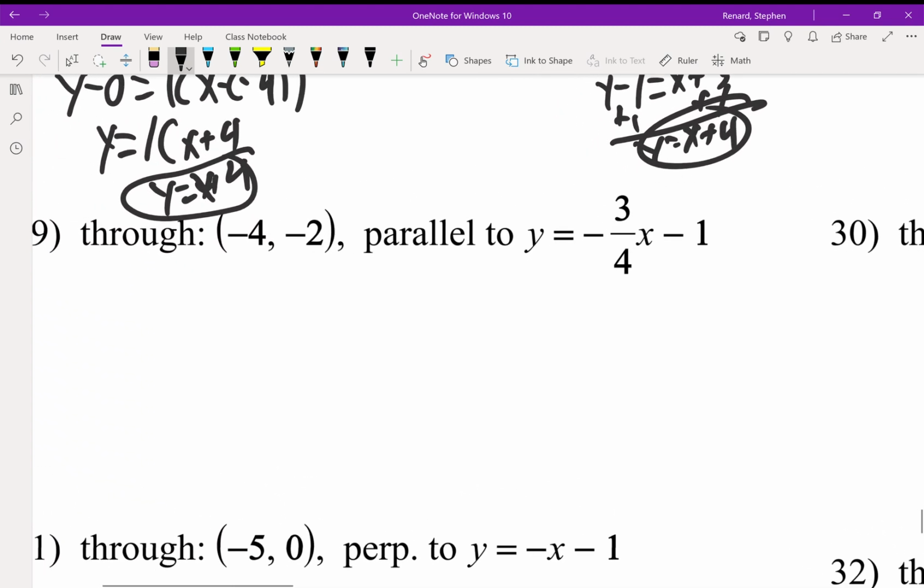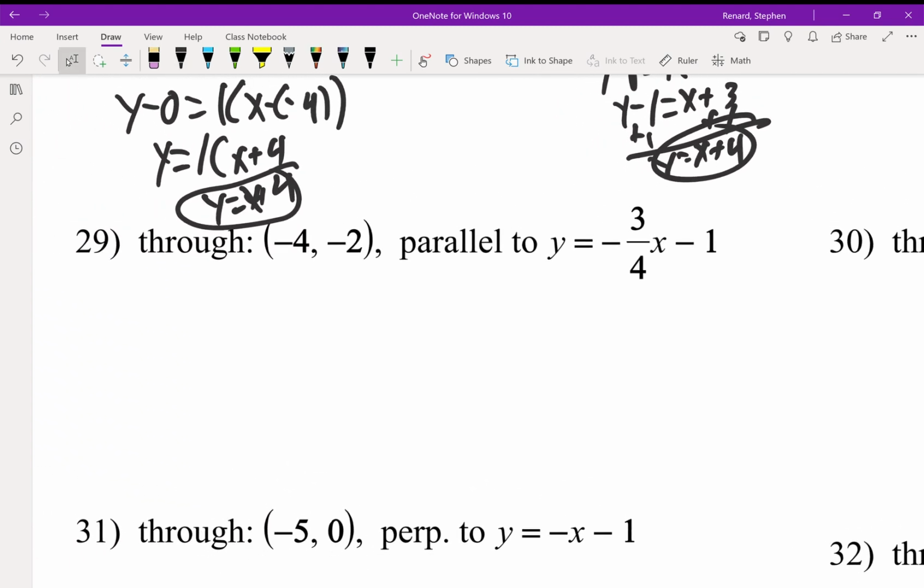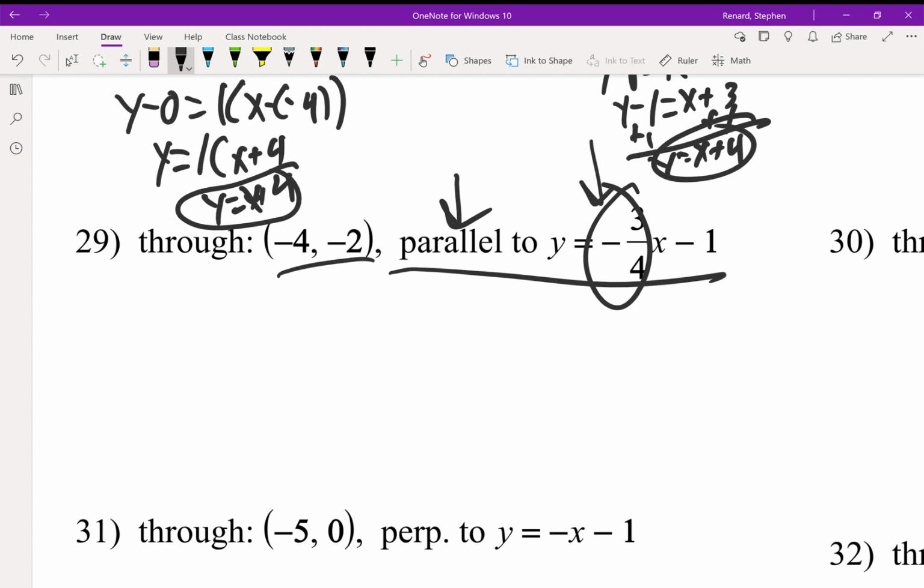So again, next one up, we're going to amp up the difficulty a little bit. Here, it's important that you understand what the question's asking. The question's asking what is parallel to, and then it gives the equation for a line. Because it says parallel, all we're really worrying about is the slope. So we know it goes through this point, has a parallel slope, which is the same slope.